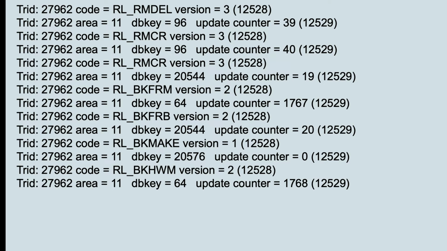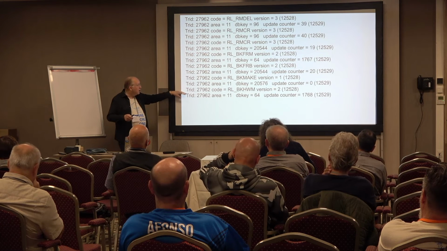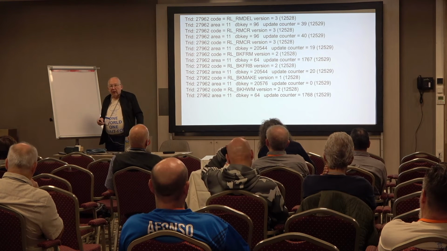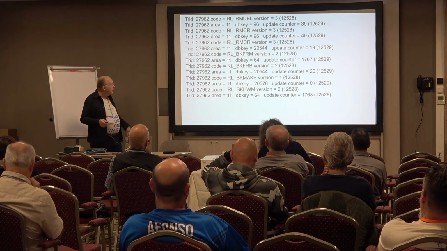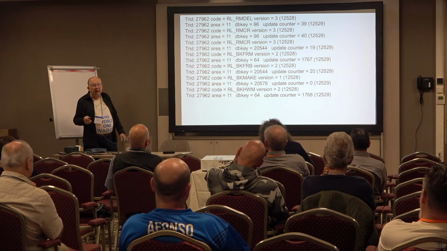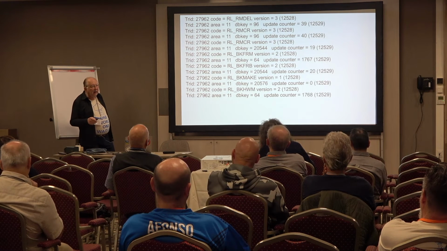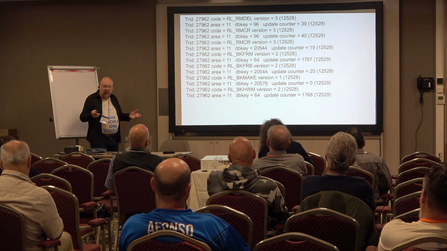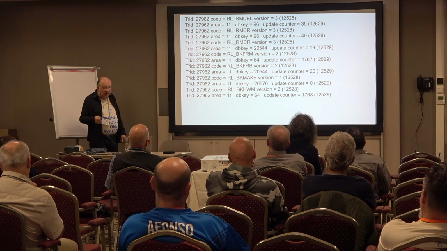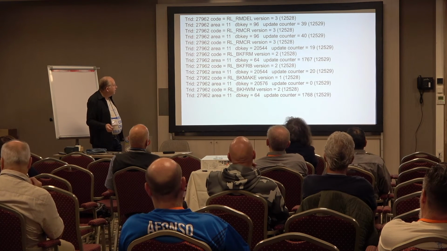So BK make is creating a new block out of an empty block in the database, and we're also raising the high water mark. So you'll see those overhead operations that are happening in addition to the database updates or creates.